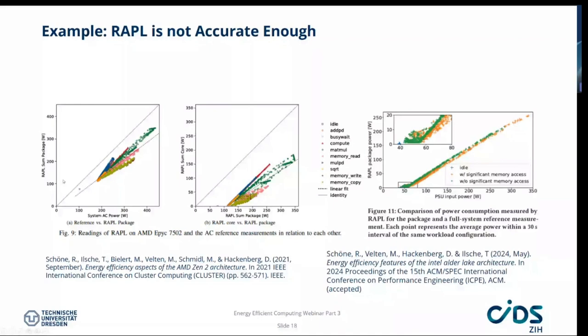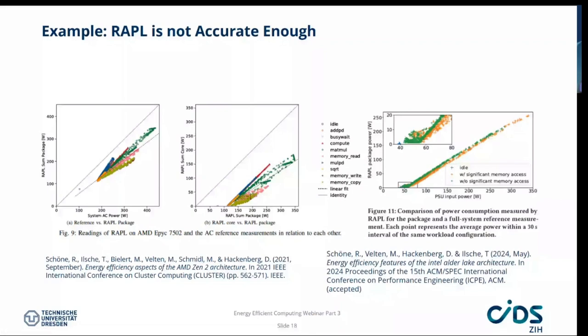In an ideal world, these would fit on that line, because we have a certain offset for the base power consumption of the system, and then with every watt that you use on the processors and the DRAM, you would have a watt that you see on the external power consumption, and maybe a little bit more because you need something for the cooling, and you have some other overhead.